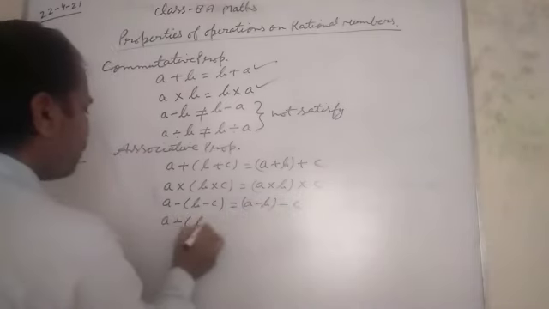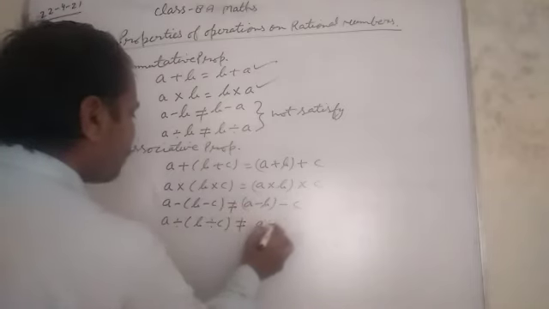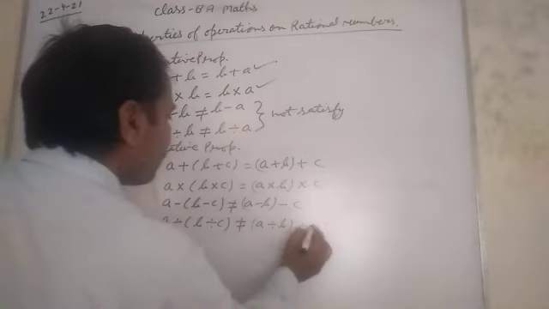A divided by (B divided by C) is not equal to (A divided by B) divided by C.